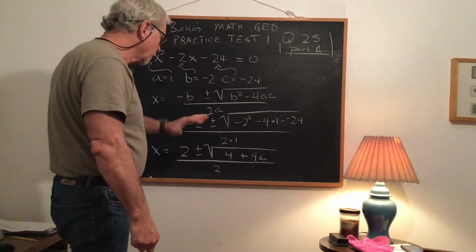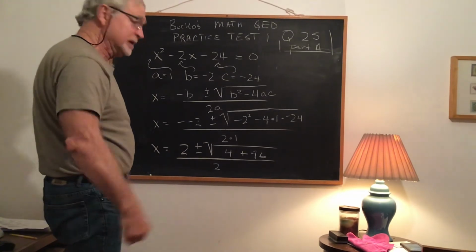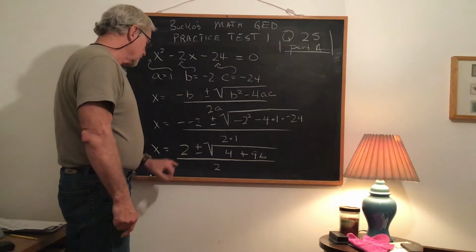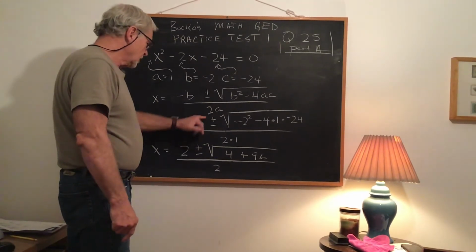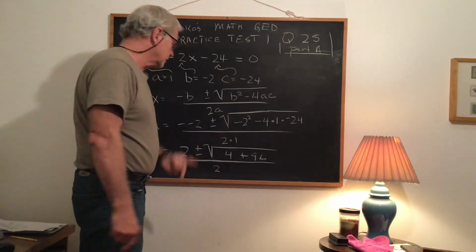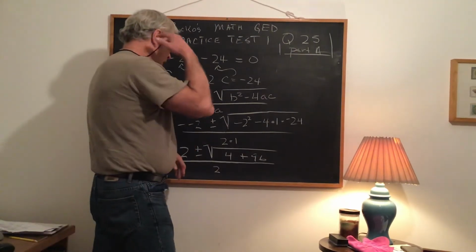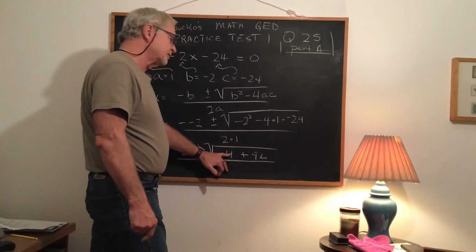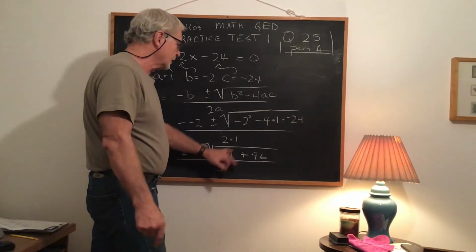And you're just working your way down. Do what it tells you. Plug it in and take a ride, you're going to be good. Negative 2, we said it was a positive 2. Plus or minus is a copy. Square root sign is a copy. And then a negative 2 squared is 4. Negative times a negative is a positive.